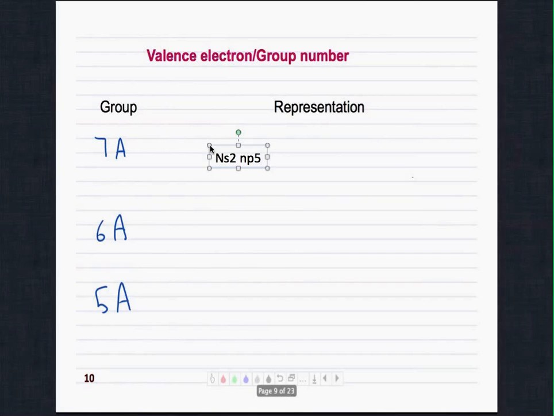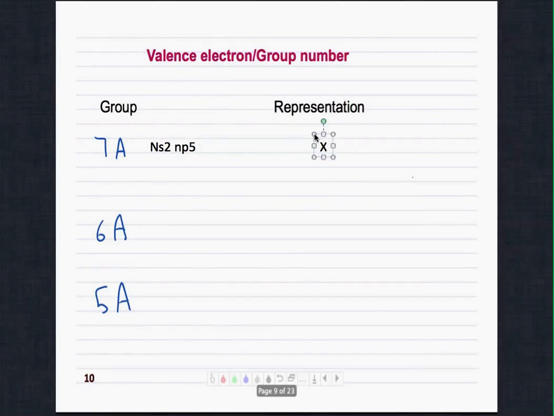Okay, so this notation, I'm going to change into what we call the Lewis structure. The Lewis structure of that element in group 7, the way that we do it, we start with 1 electron at a time. 1, 2, 3, 4, 5, 6, 7.